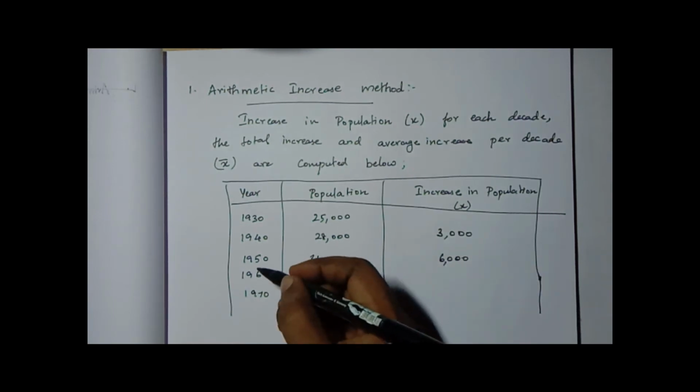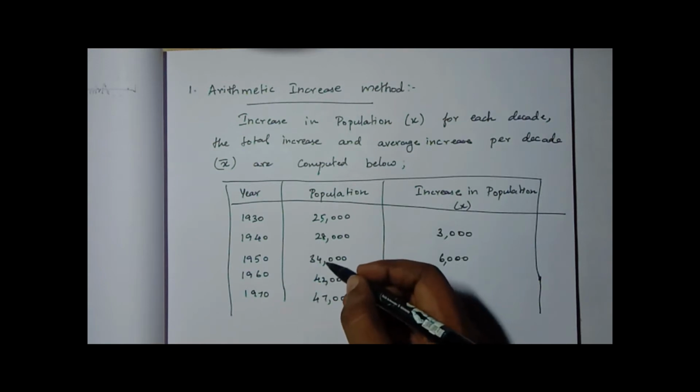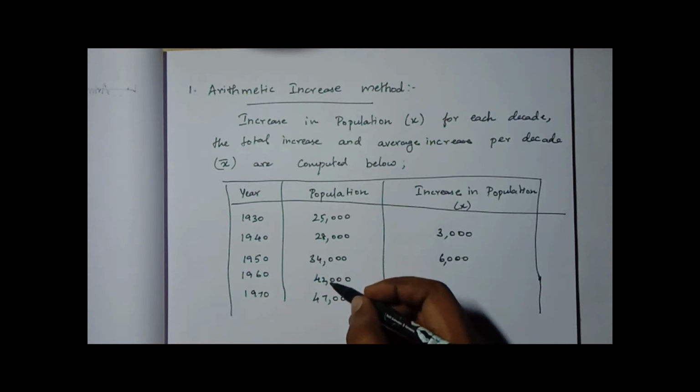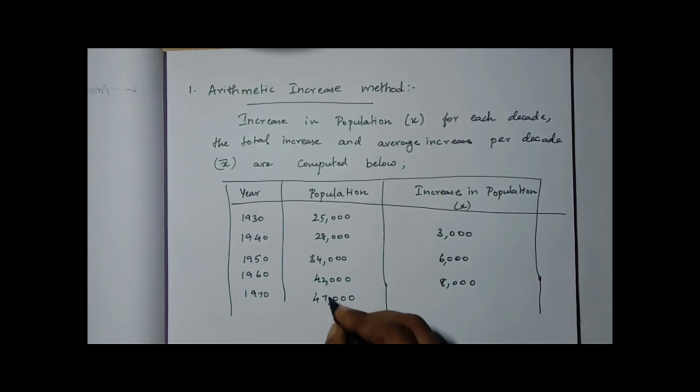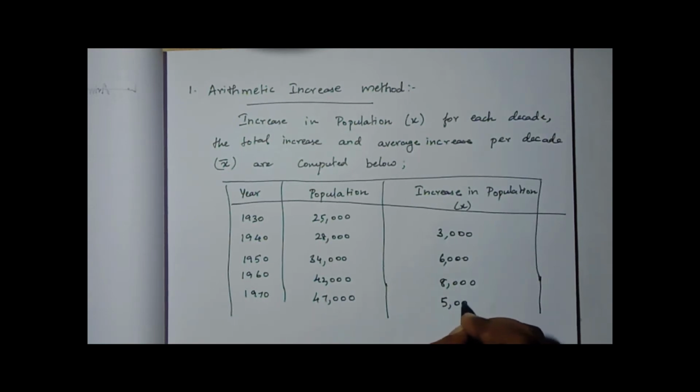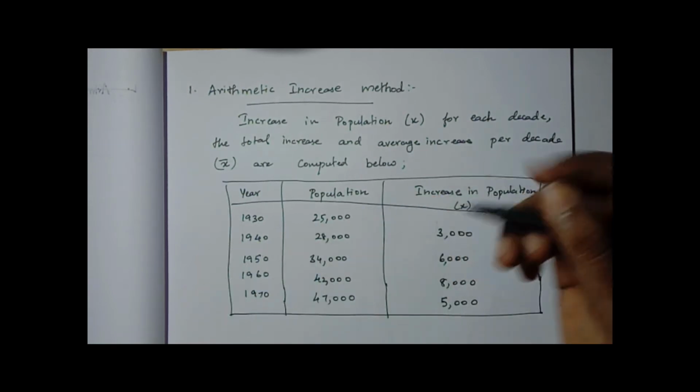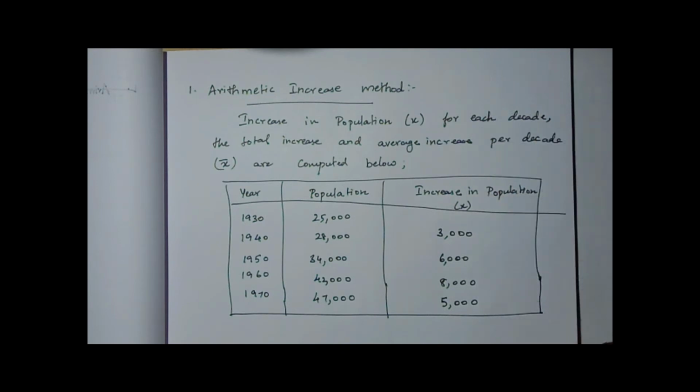And from the year 1950 to 1960, we had an increase from 34,000 to 42,000, which is 8,000. And similarly 1960 to 1970 we had 42,000 to 47,000, an increase of 5,000. So this is the table which we have to find first for the arithmetic increase method.